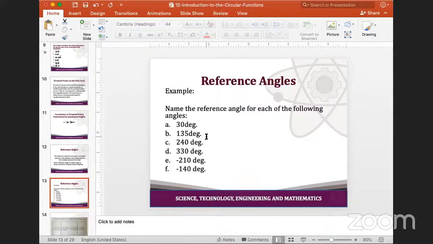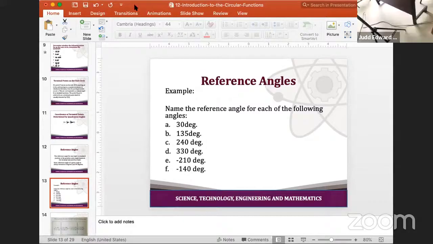So how about for 135 degrees? In case that we are given 135 degrees, all we have to do first is to graph it. So i-graph muna natin yung 135 degrees.